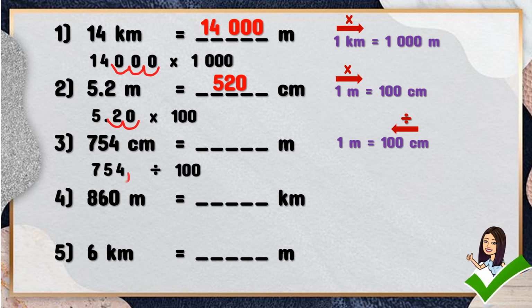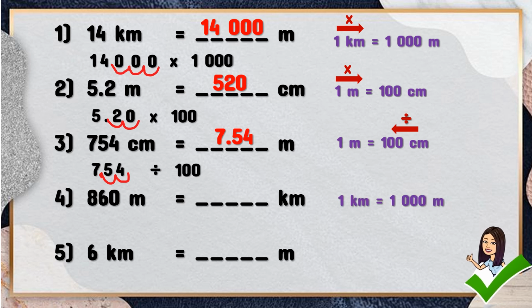So from here, 1, 2. So this will be the decimal. So 754 centimeters is equal to 7.54 meters.